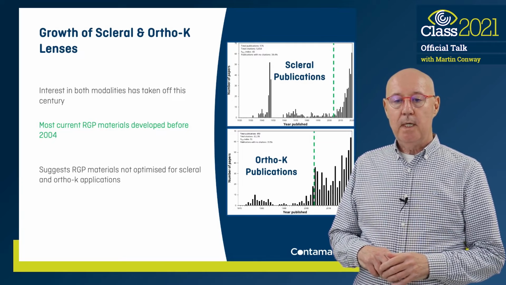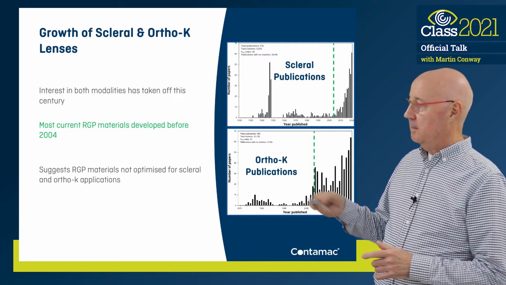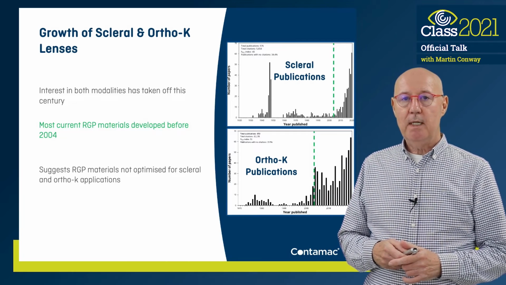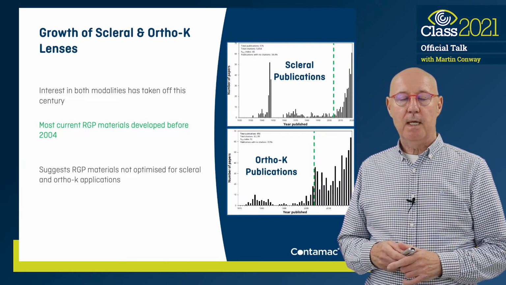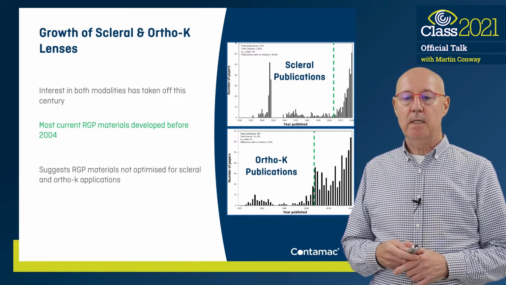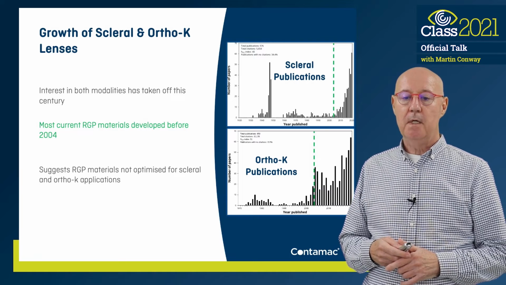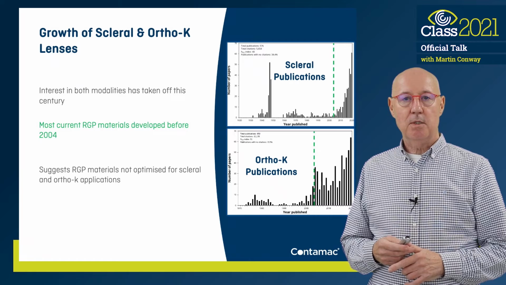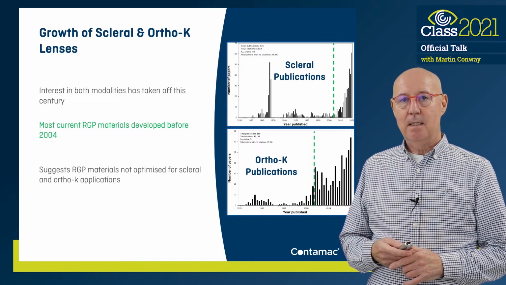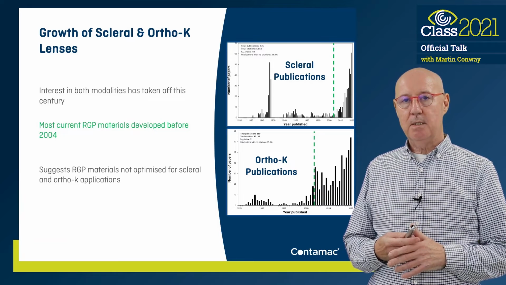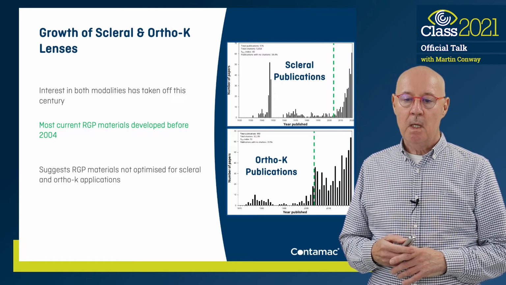So if we look here at these two graphs, we can see that scleral publications really took off at around about 2004. The numbers of papers published regarding the use of scleral lenses, you can see from the graph. And again with ortho-K, we can see that since the year 2000, the intensity of publications and awareness of ortho-K as a modality to control myopia.